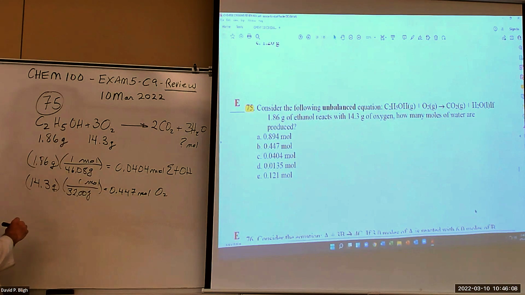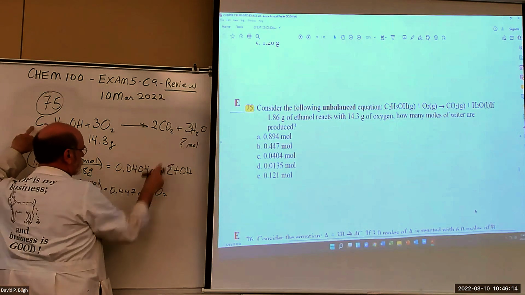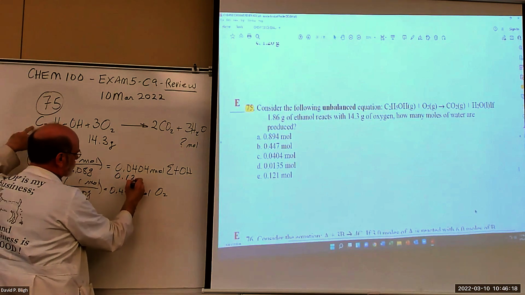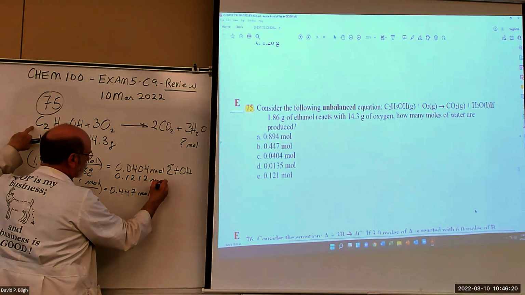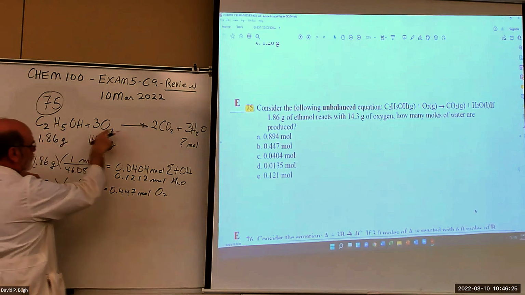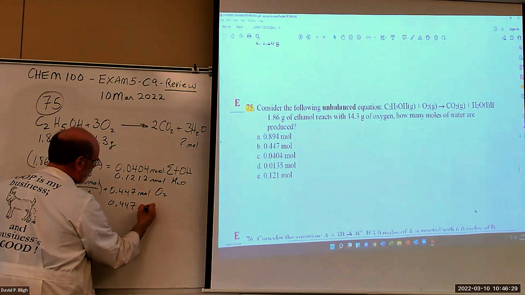Now, which one's limited? Well, for every one of these, you get 3 of those. So you have 3 times this, 0.1212 moles of water. And this one's 3 to 3 or 1 to 1, so you have 0.447 moles.